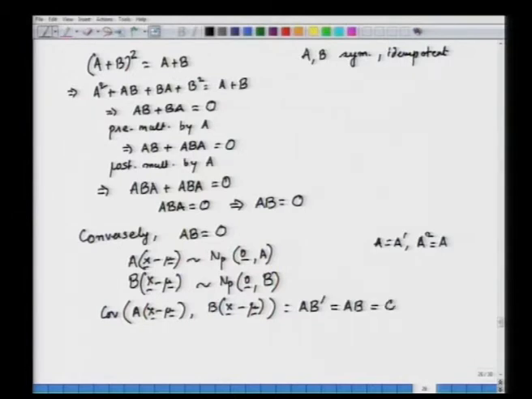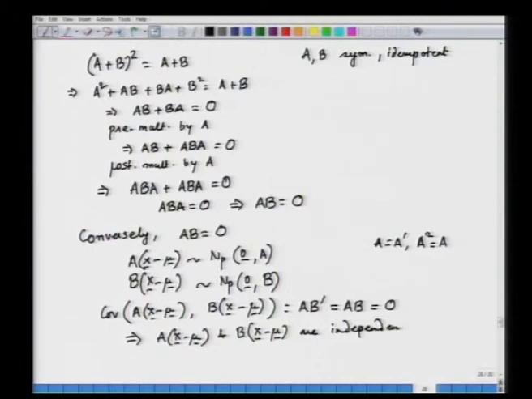This has been given to be equal to 0. Again, by our earlier result, A(x minus mu) and B(x minus mu) are independent.